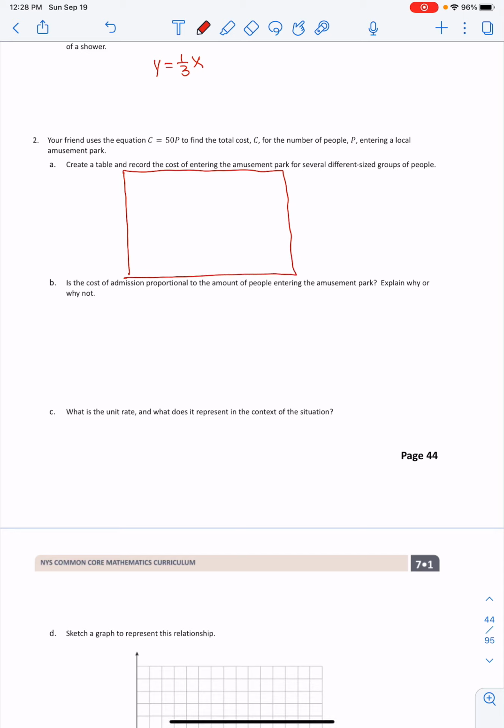Even though they're using C and P, we can still use it for X and Y. Because remember, our C would be our Y and our P would be our X. So our people is our X, and our Y would be our cost.